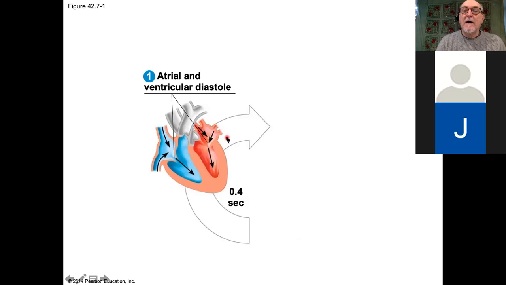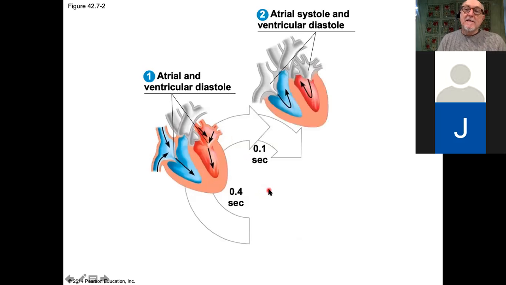The first part of the heartbeat is the contraction of the atria. So the atria now have contracted. They have gone into systole. Because their volume has decreased so drastically, they pump all the blood into the ventricles. So the ventricles fill, but they fill passively under the pressure of the atria.